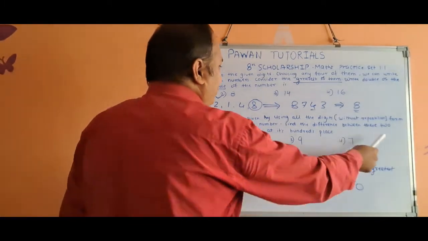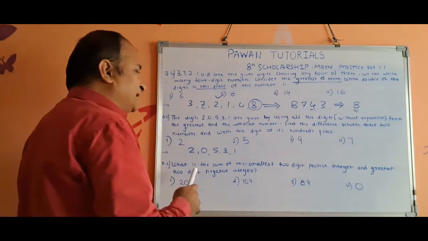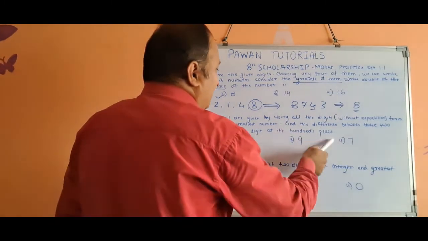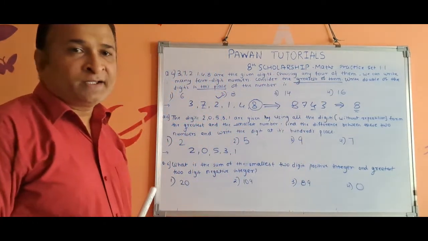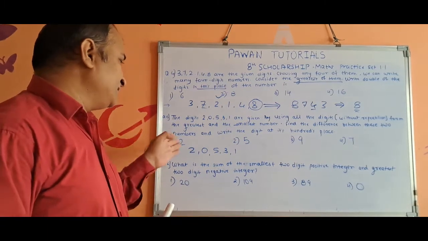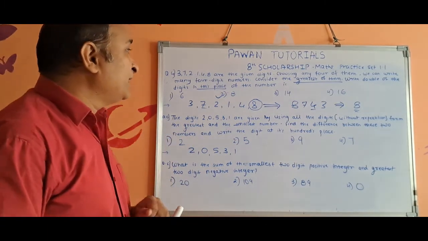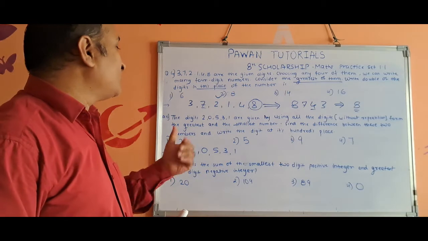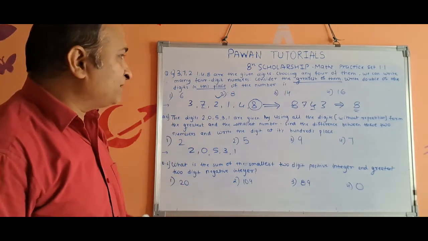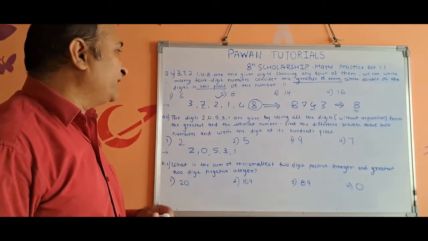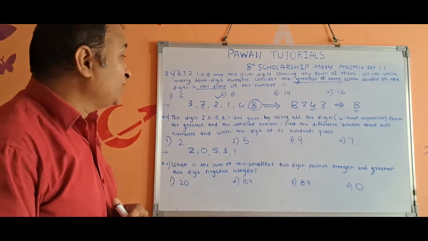Then find the difference between these two numbers and write the digit at the hundreds place. They have asked us to form the smallest and the greatest number, where repetition is not allowed.